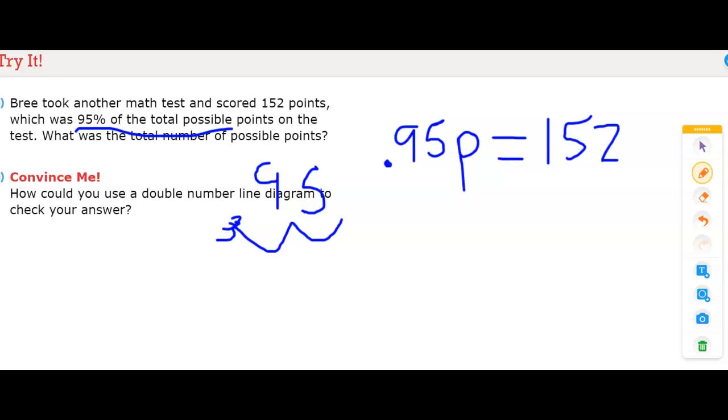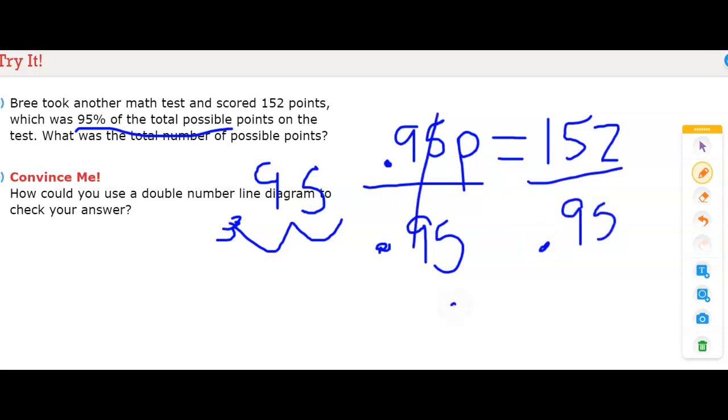We need to get the unknown on the other side of the equation, and the inverse of multiplication is division. So we divide by 95 hundredths on both sides. That cancels out. So the total possible points would be 152 divided by 95 hundredths, and that is equal to 160. So the total number of possible points is 160 points.